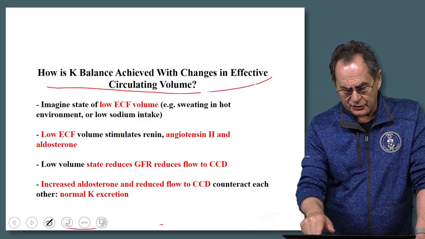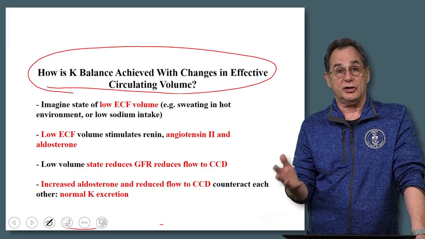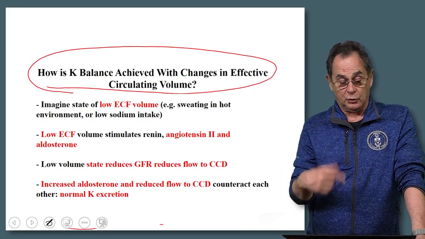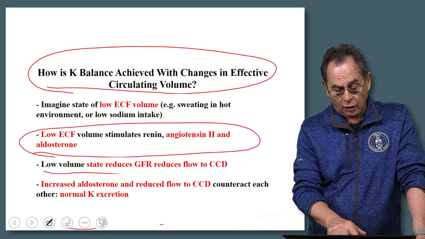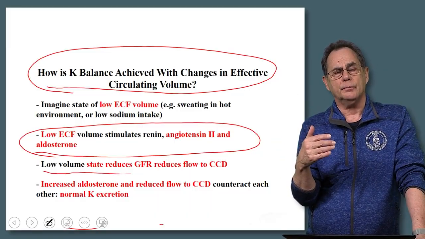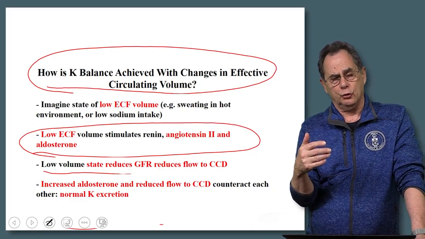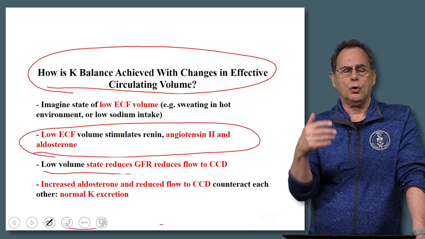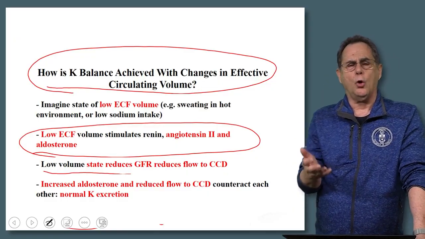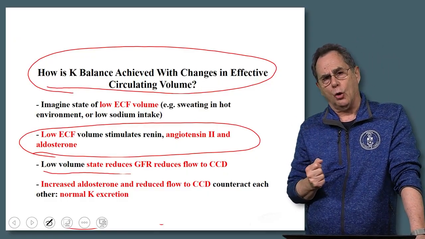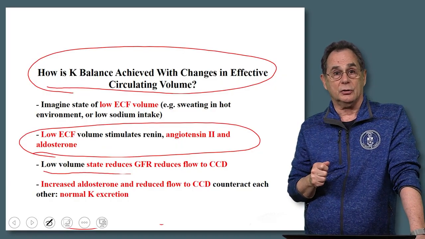So how can we achieve potassium balance when, for example, there's a decrease in the extracellular fluid volume, which will drive the renin-angiotensin system? A low volume state will reduce GFR and reduce the flow rates within the lumen of the nephron. So when you come to the cortical collecting duct, if extracellular fluid volume is low, the urine flow rates will be low. Low urine flow rates will serve to reduce passive K secretion.